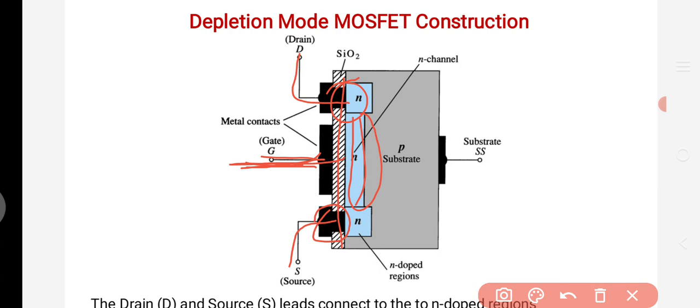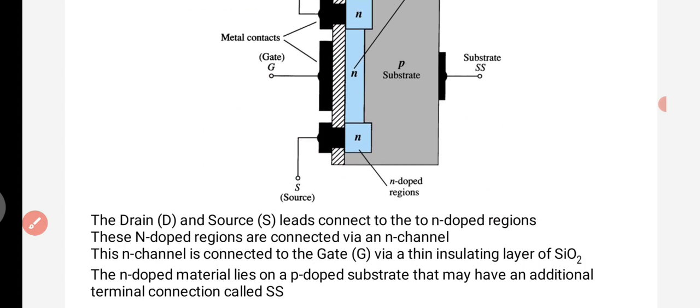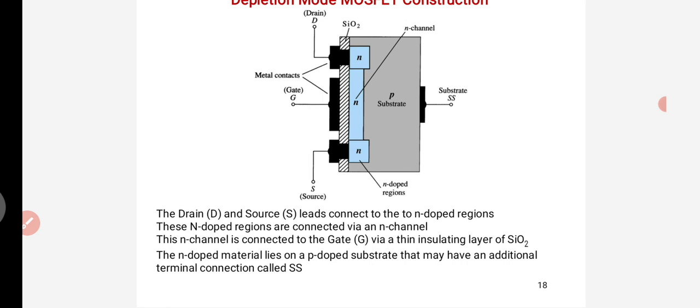Here the substrate is a p-type substrate, and we can denote it with SS. So this is the construction of a depletion mode MOSFET. That means the drain and source leads are connected to the N-doped regions. These N-doped regions are connected via an N channel.